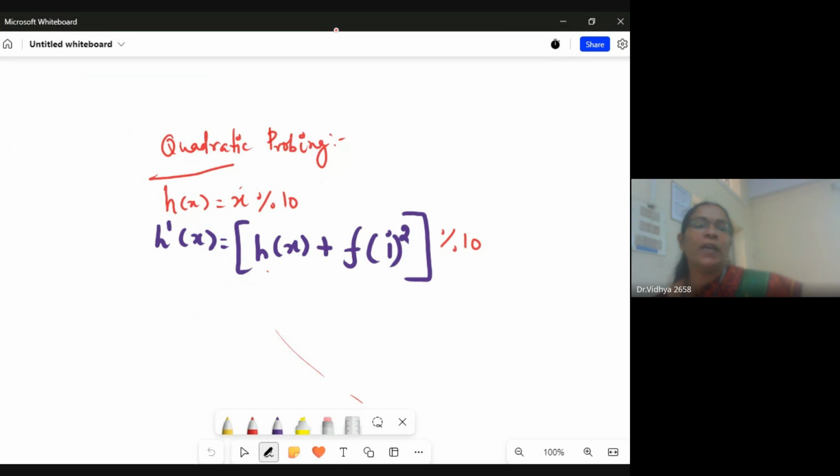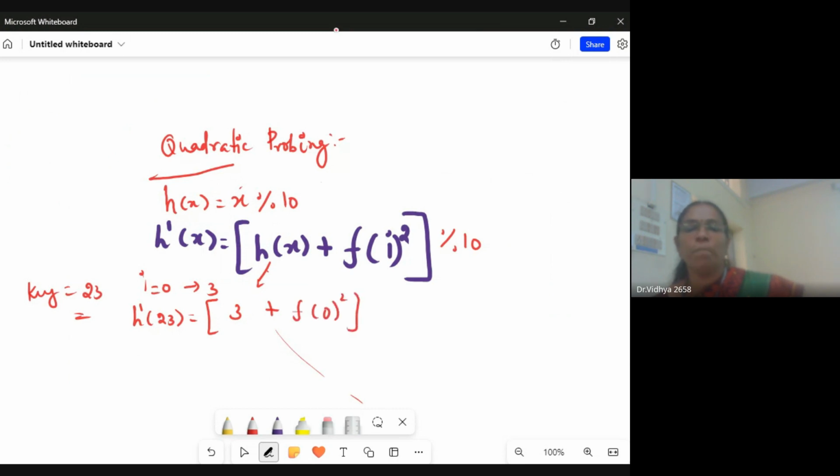Suppose the key is 23, then how will you proceed with this 23? When i equal to 0, we will be getting position 3, I think. Let me calculate. h dash of 23 equal to h of 23, which is 3, plus f of 0.